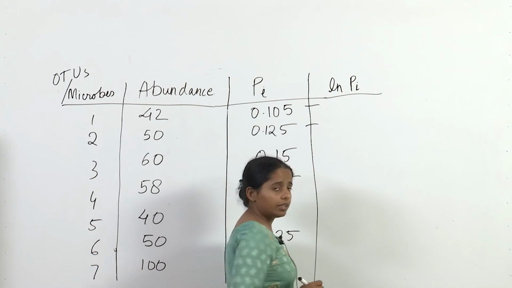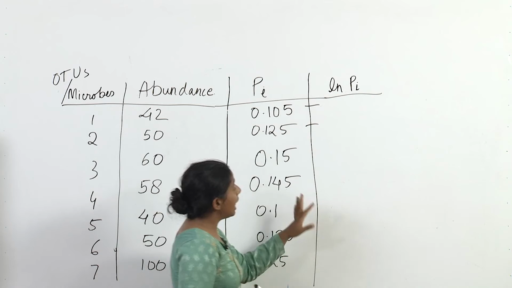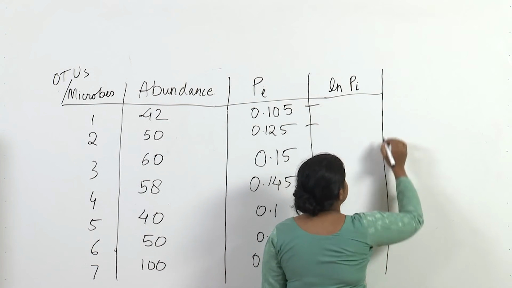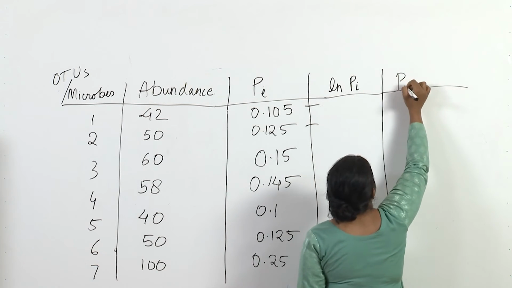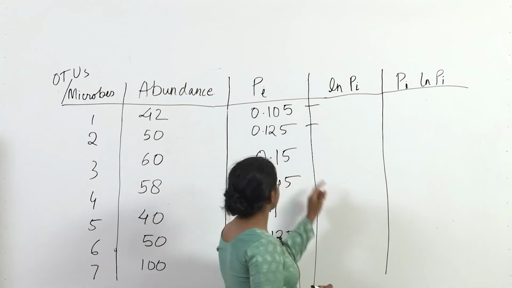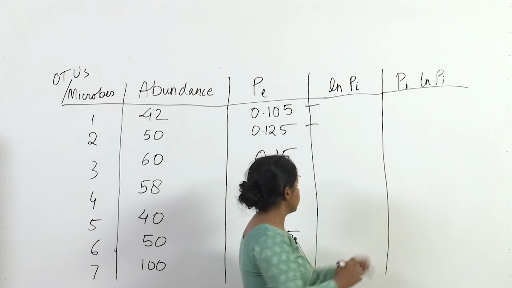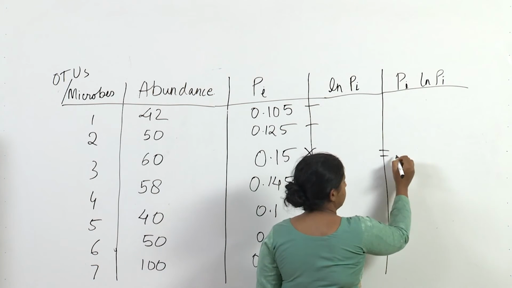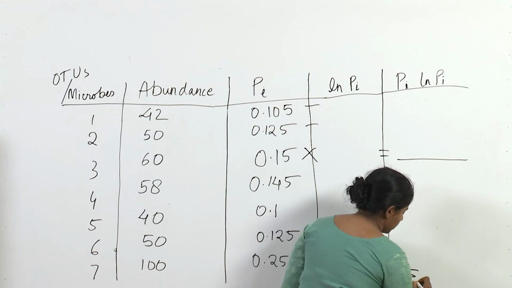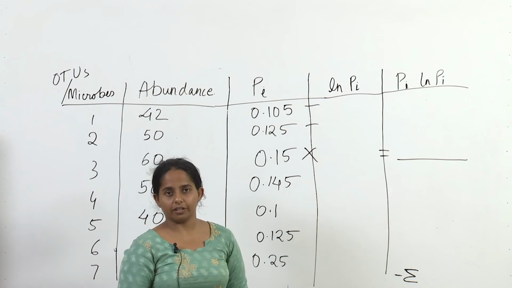So use your calculators and convert your relative abundance into natural logs, and then you need to have another column here that will have the product of the two. So you multiply these two and you write it here. Now add all of these, so you get your summation, and then put a minus sign in front and you have calculated your Shannon-Wiener index.